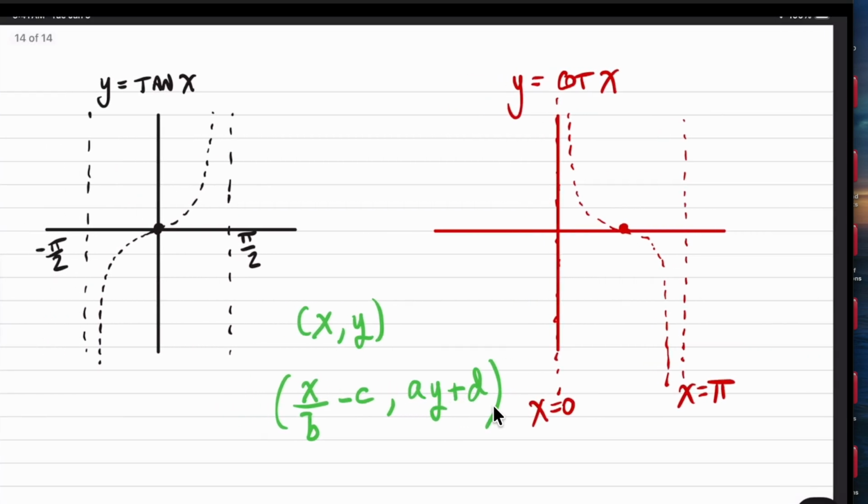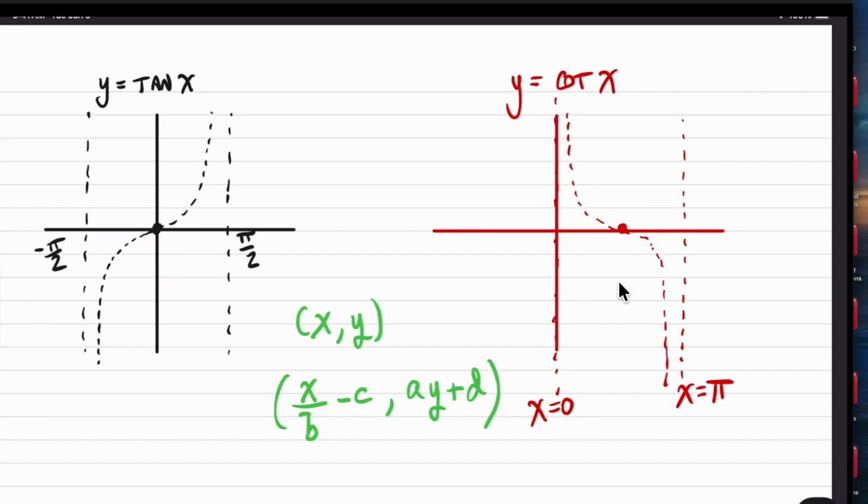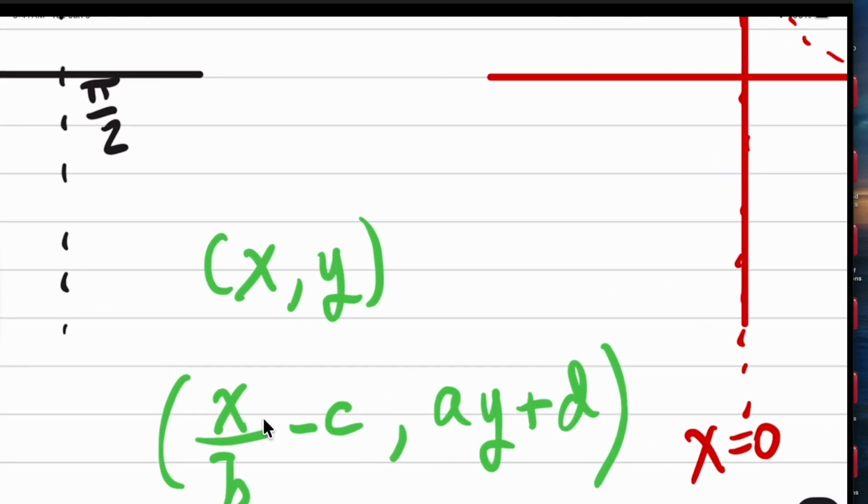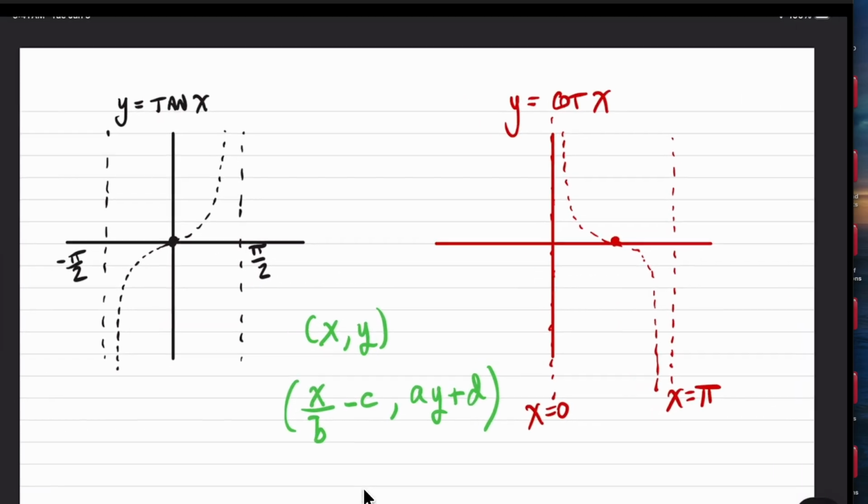Look at cotangent. That starts at x equals 0. The vertical asymptote is at x equals 0. If you're trying to go from the graph of the cotangent backwards and create the equation, that x value is 0. Again, it's a pure phase shift calculation.